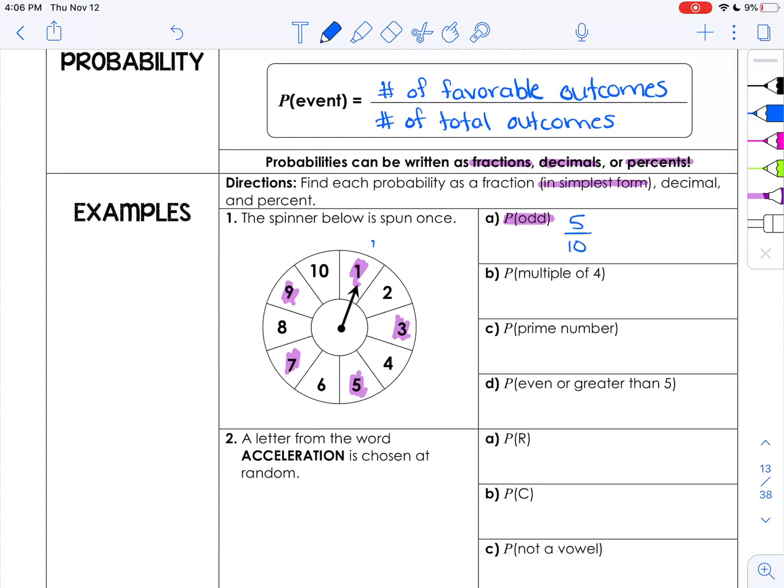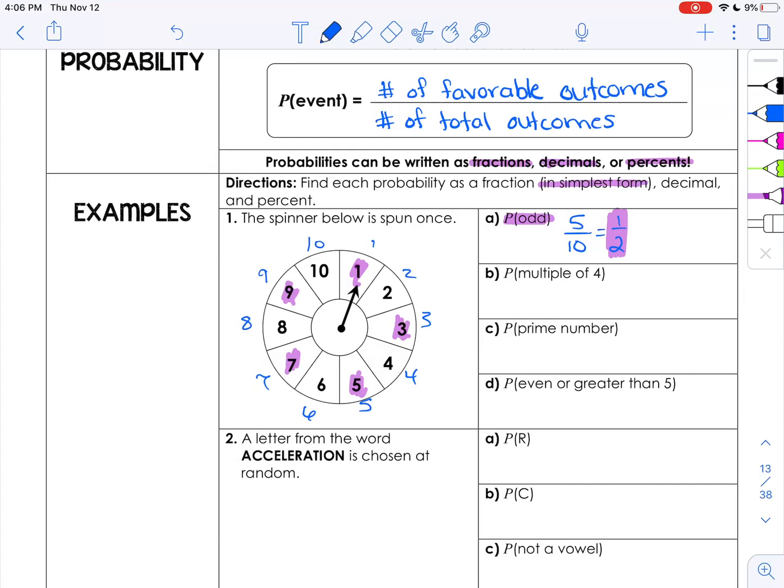If we count all of our sections, and they're already numbered for us, we have 10 total sections. And 5 of those are odd numbers. That is our probability written as a fraction. We want it in simplest form. This can simplify to 1/2. So the probability of spinning an odd number is 1/2.